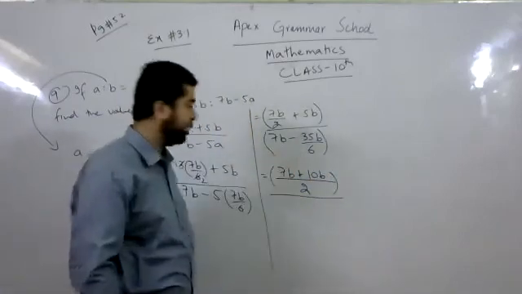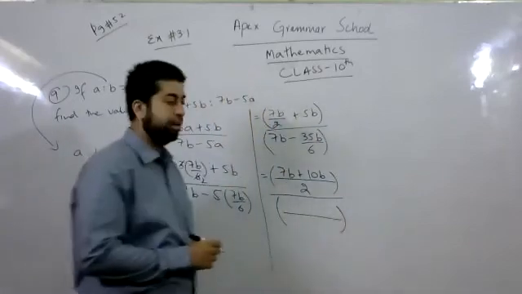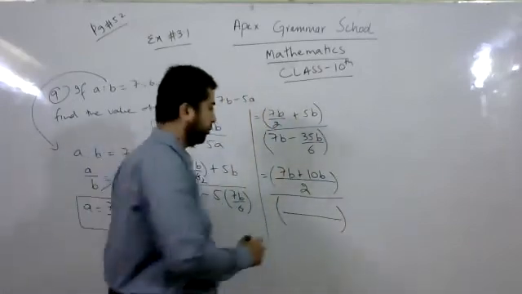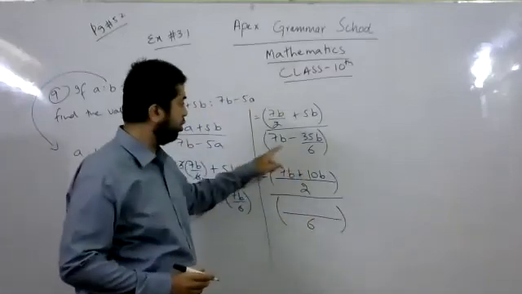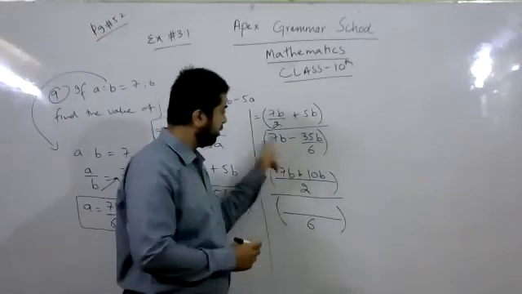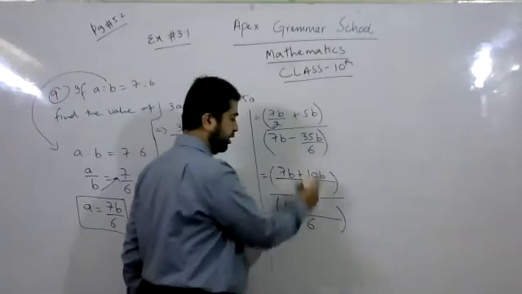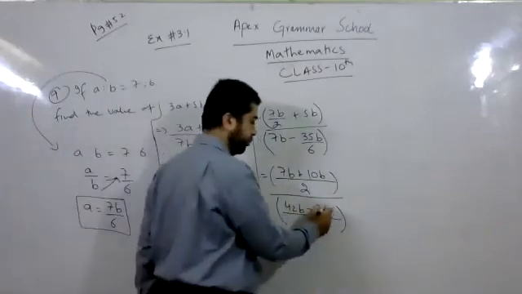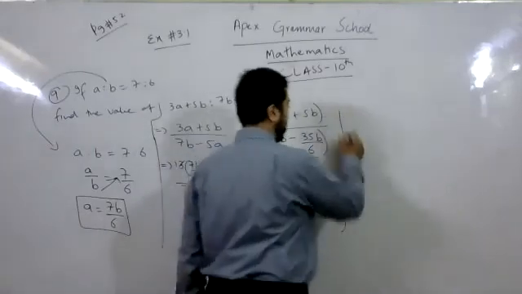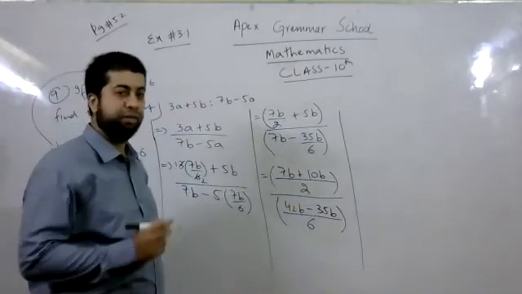Now for the denominator ratio, the LCM is 6. 7 6s are 42, 42B minus 35B, the 6 will cancel with this 6. Now you will have 7B plus 10B, that is 17B divided by 2.